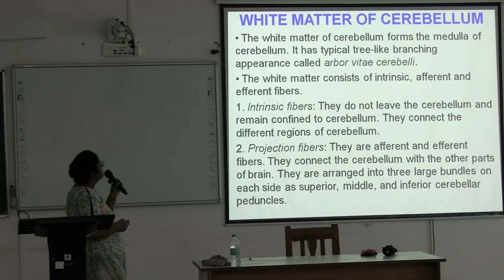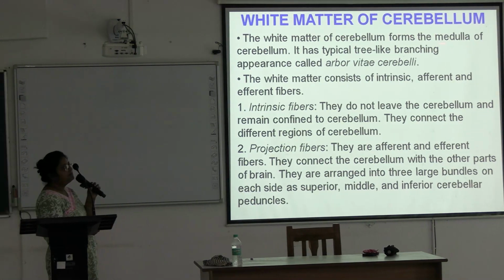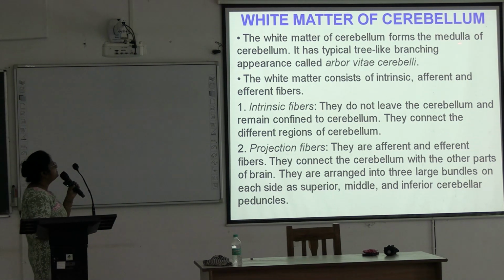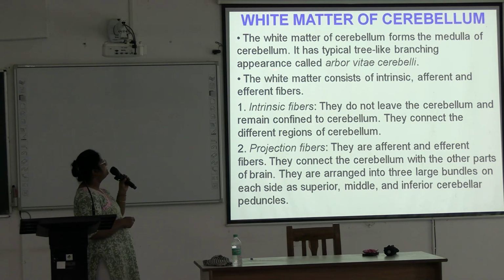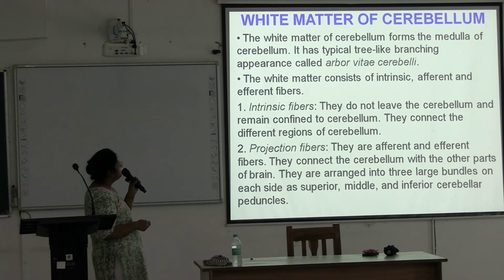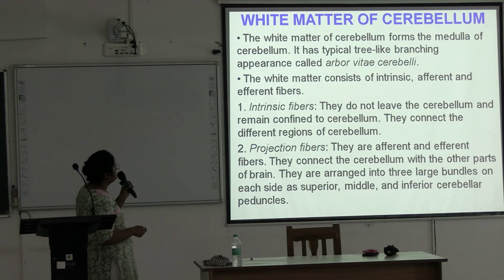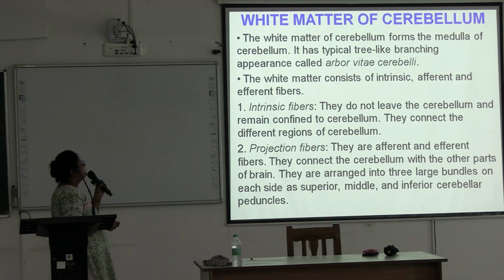So next we go to the white matter of the cerebellum. White matter of the cerebellum forms the medulla of the cerebellum. It has typical tree-like branching appearance called the arbor vitae cerebelli. And the white matter consists of intrinsic, afferent and efferent fibers.